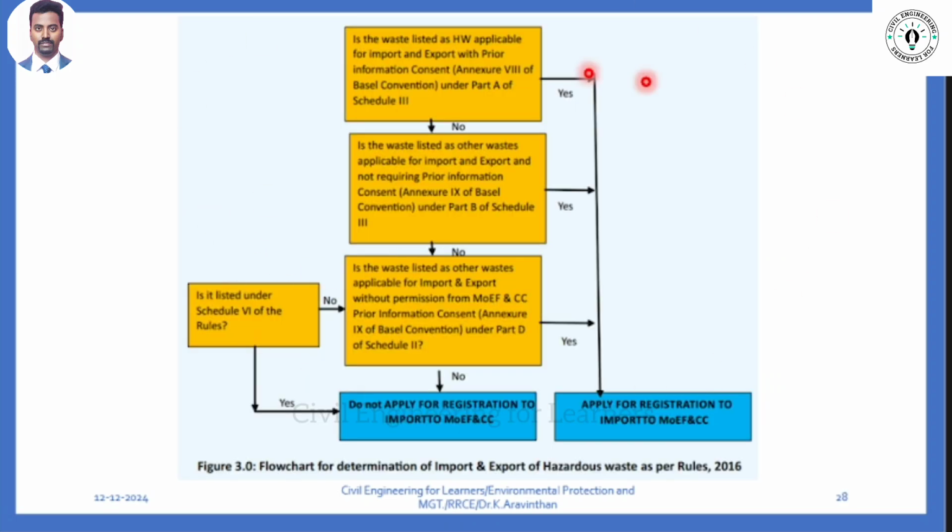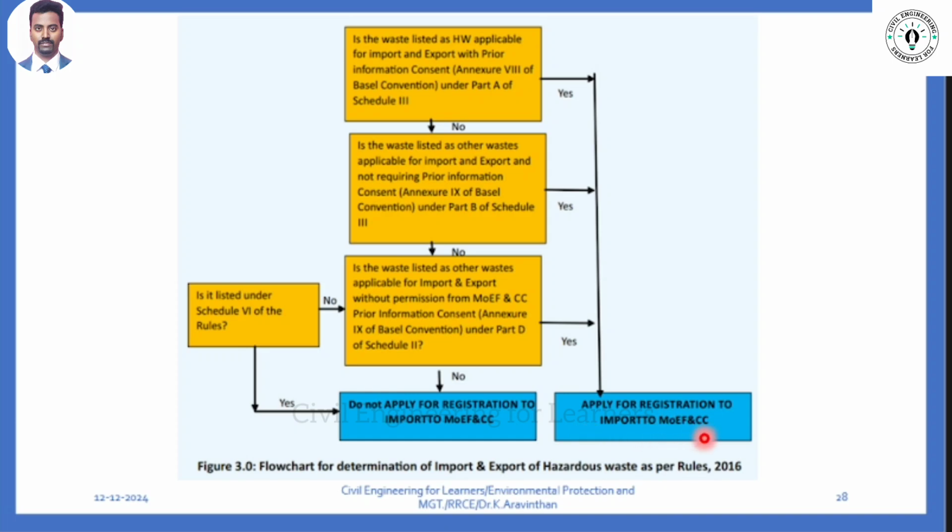So this is a flow chart. What is the process in order to import or export hazardous waste as per the Rules 2016? In India, if you want to transport or import from another country to India, this is the process. You can check whether the waste comes under Part A of Schedule 3. If yes, then you can apply for registration to import from MOEF.